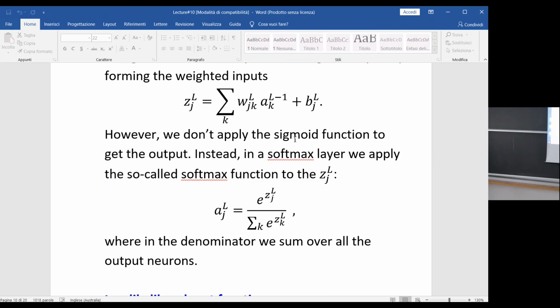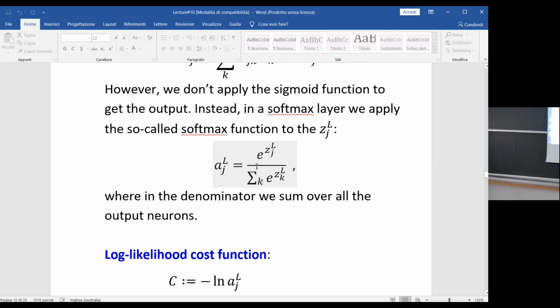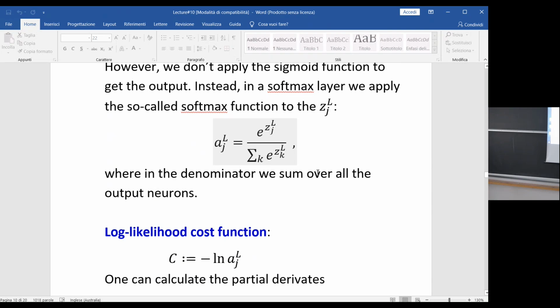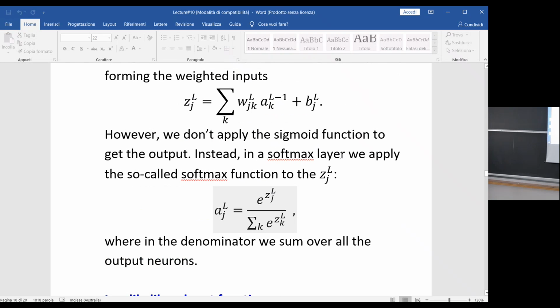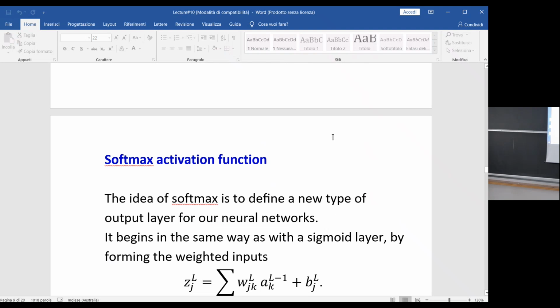Instead of this, we apply another function, the softmax function: a_j^L is the exponent in the power z_j^L divided by the summation of exponents of z_k^L over all k, over all neurons in the last layer L. Okay, and such a strange transformation applied to the last activation layer of neurons, the softmax activation function, can essentially improve our training procedures.